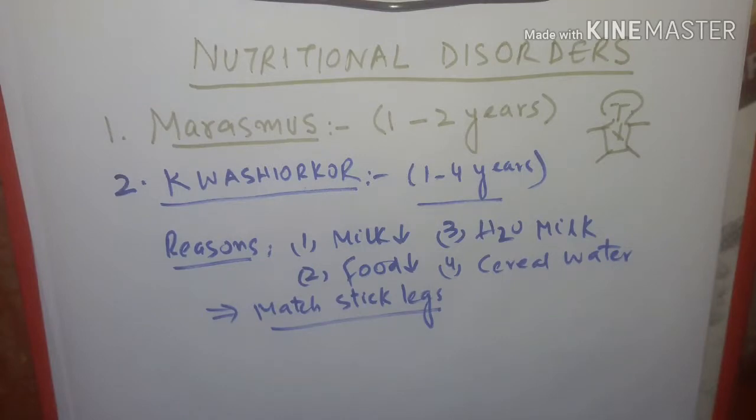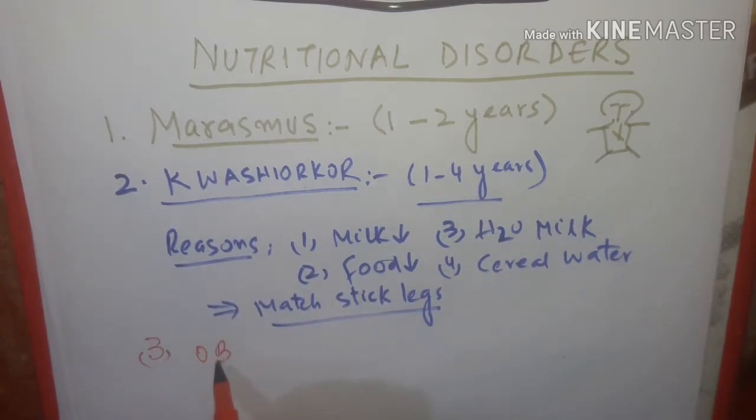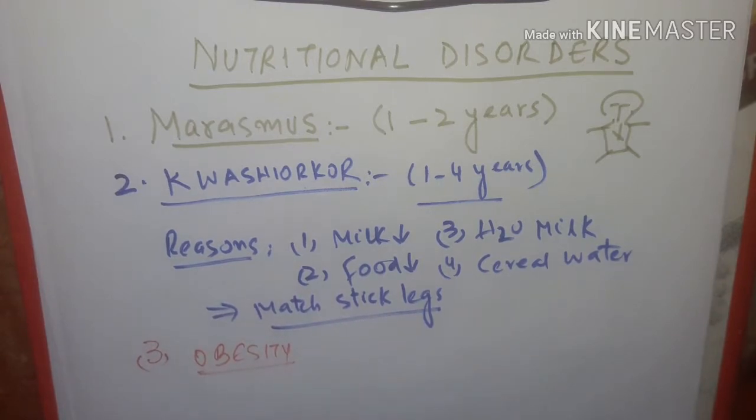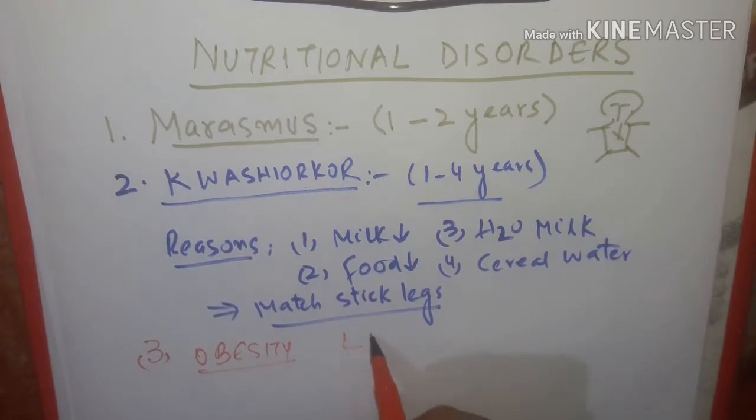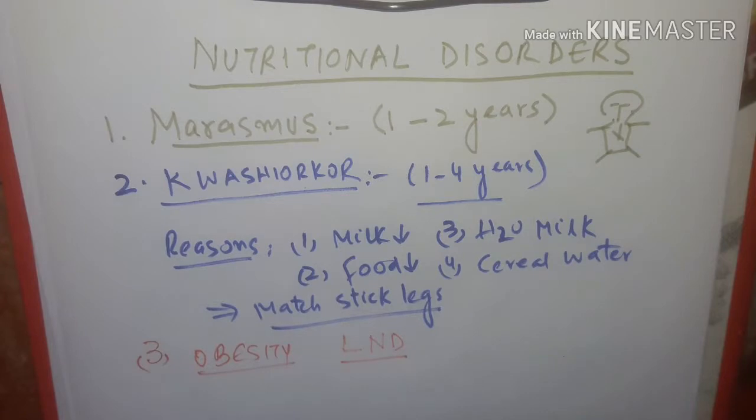Now, going on to the third disorder related to nutrition, that is obesity. Obesity is a luxury nutritional disorder, so it is an LND disorder, caused by greater intake of food than the requirement of the body.